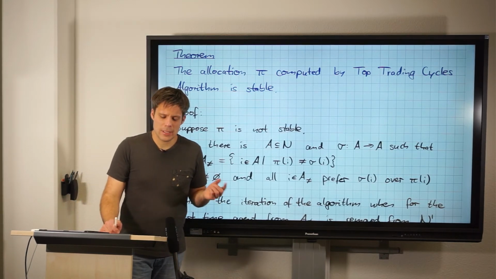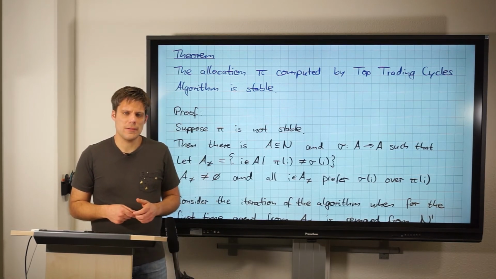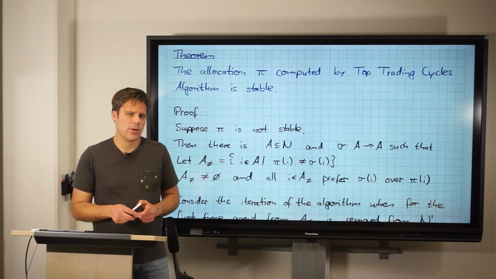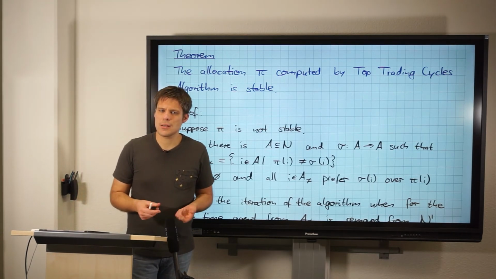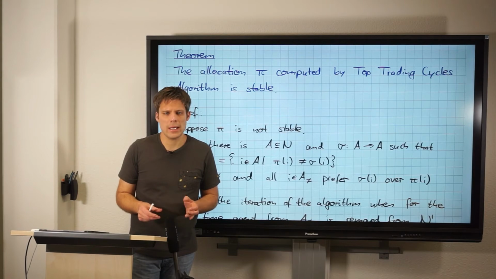What we'll be doing next is derive some further properties of the stable allocation. Namely, what we'll show is that this is actually the unique stable allocation. And we'll also come back to our standard question: what if you misreport your preferences? Can you benefit from misreporting your preferences here, or can't you?